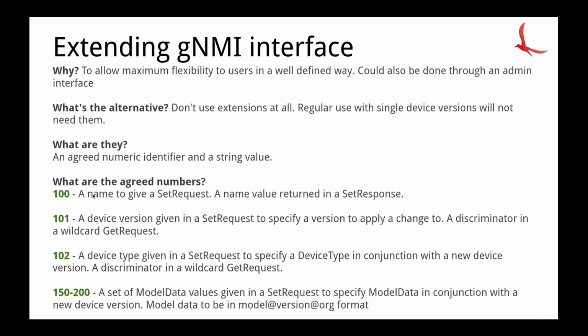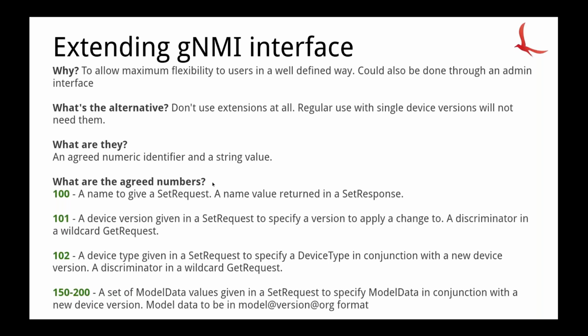There is a default that if you don't give a name to this set request, it will generate one for you, and it actually generates one now in the Docker style format, like happy Einstein or something like this. But if you wanted to give it a specific name, you can do that with this extension number.